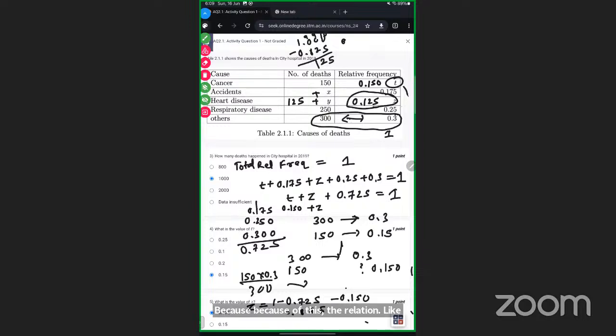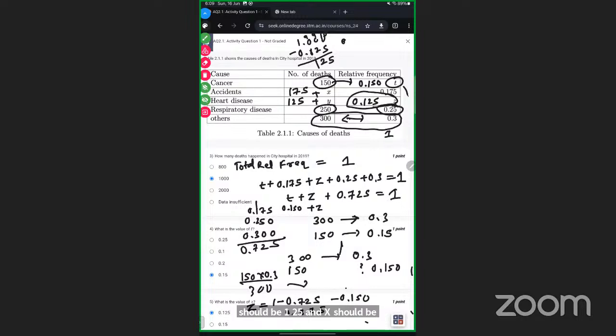Because of this relation, whatever value is present here, like 0.25, becomes 250, and 150 represents 0.15 of the portion. According to that, y should be 125 and x should be 175.